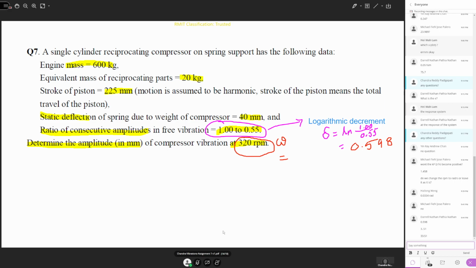That's correct, Darren. Thank you. So this will be 33.5 radians per second.